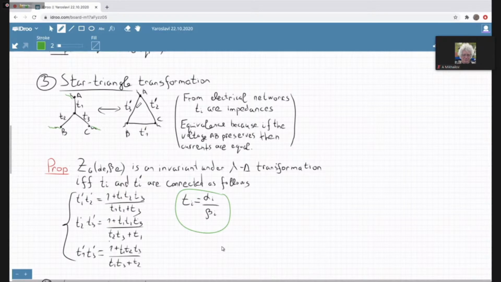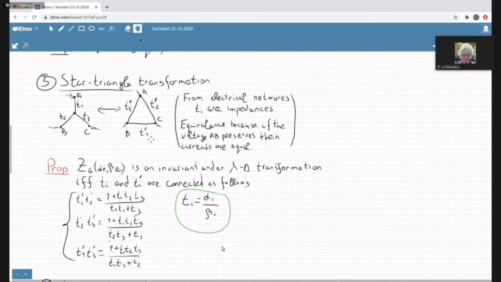And I want to track my values of parameters, not alpha E and beta E, but the Ti, which is equal to alpha I over beta I. And the statement is as follows: my Z_G stays the same, so it is invariant under this star-triangle transformation, if and only if the weights of the edges on these three edges are connected as follows. So here you see the connection between T1', T2', T3' and T1, T2, T3.